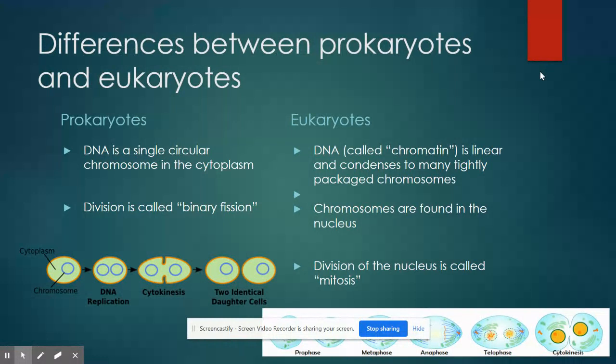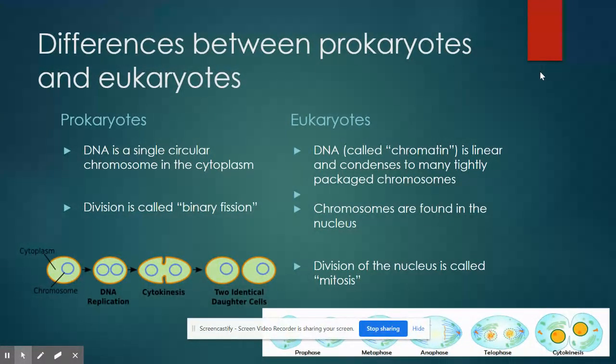So quickly, we're going to do some differences between prokaryotes and eukaryotes. Now remember, when we're talking about prokaryotes, we're talking about simple cells like bacteria and eukarya. So because they're simple, their DNA is just one single circular chromosome that's hanging out in the cytoplasm. Remember, they don't have a nucleus.